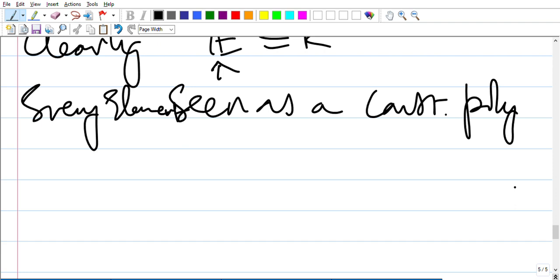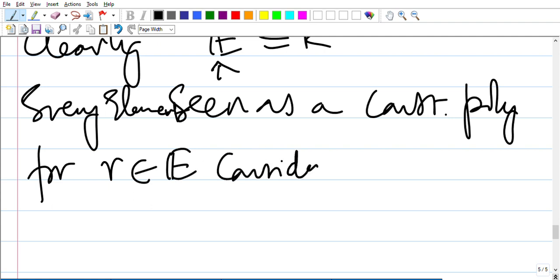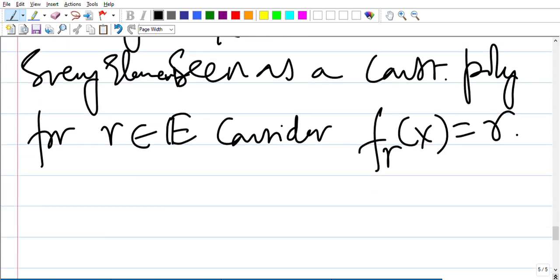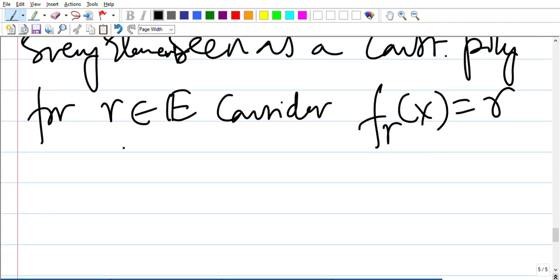So for r in E, consider the polynomial f_r defined by r itself. So it's a degree 0 polynomial if r is non-zero, and it turns out to be the 0 polynomial if r is equal to 0, in which case the degree is defined to be -1.